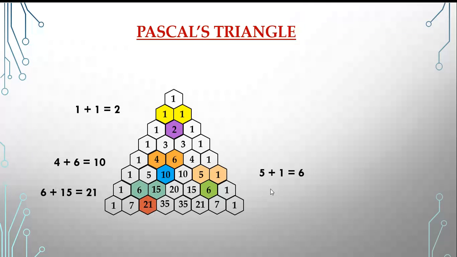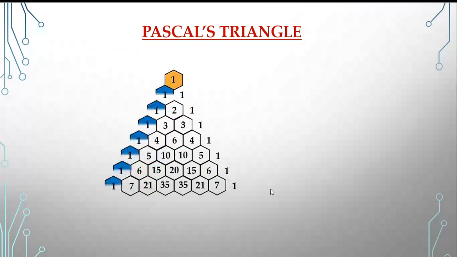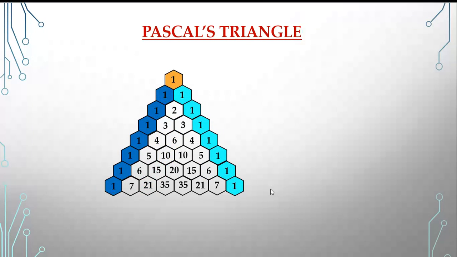What else can be noticed? You also see that the starting and the ending numbers are always 1 in each row. Yes, all the numbers on the extreme left and all the numbers on the extreme right are 1.